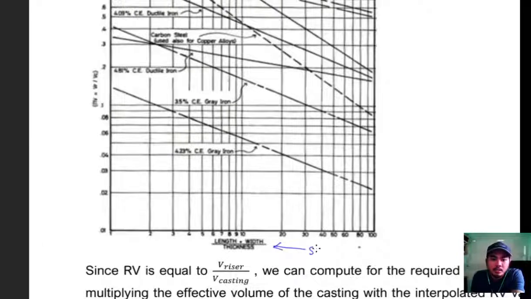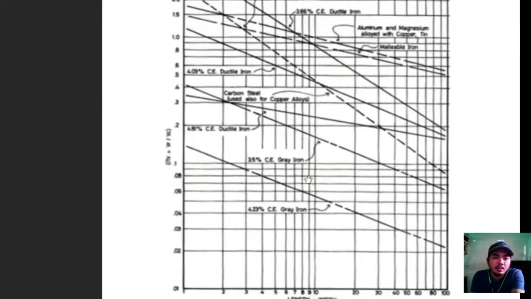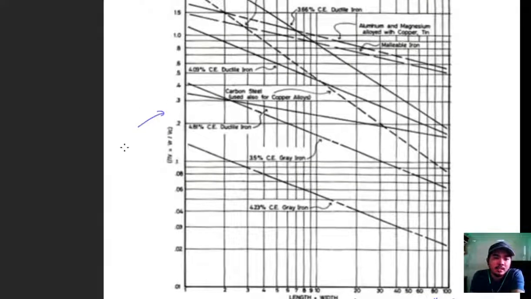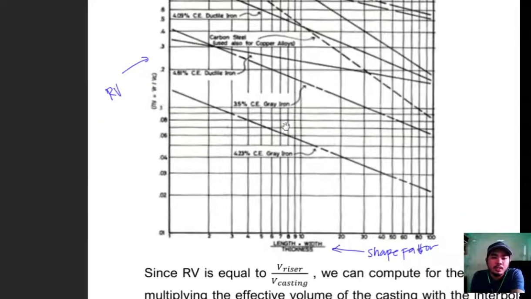Tapos, yung sa y-axis natin is the relative volume. So if you can solve for the shape factor, you just use the plot, and this is on a logarithmic scale. So we find, tapos interpolate lang natin.